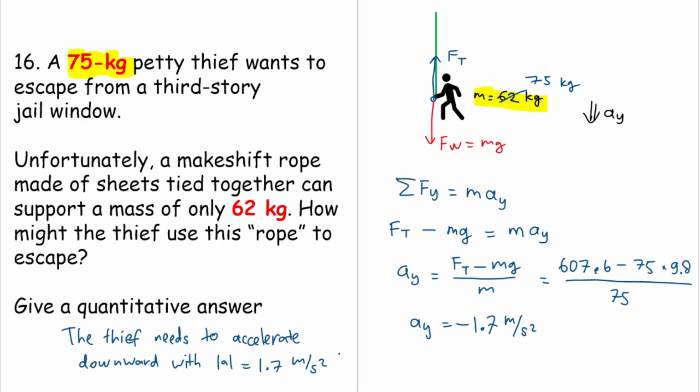That will actually be a very high acceleration. When he reaches the floor, he will get injured if he uses this. So maybe the better answer is to just do a weight loss diet and get under 62 kilograms.